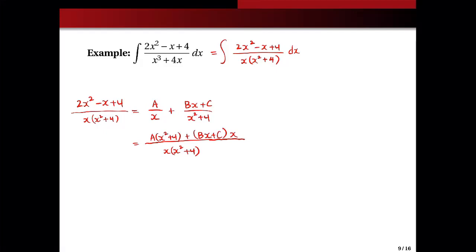And then just like before, we can compare the numerators. You will have 2x squared minus x plus 4 equal to a times x squared plus 4, plus bx plus c times x. Now look at this.